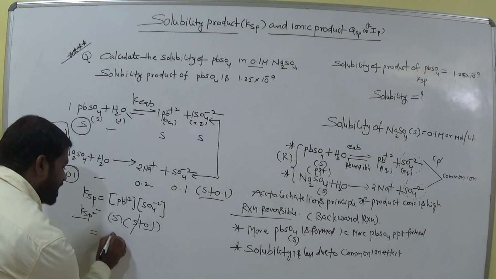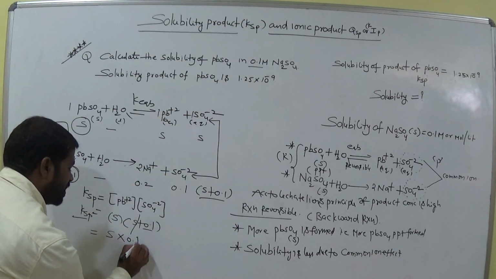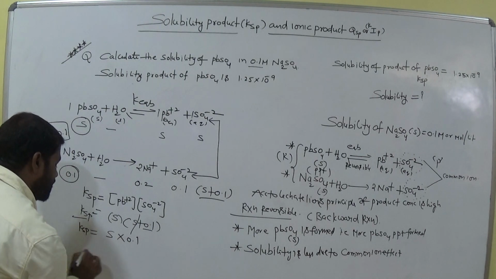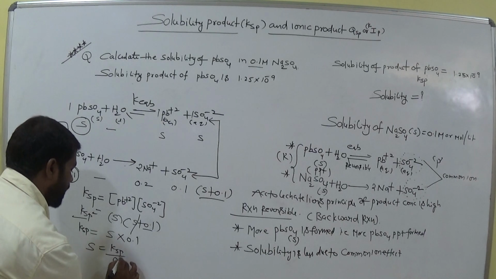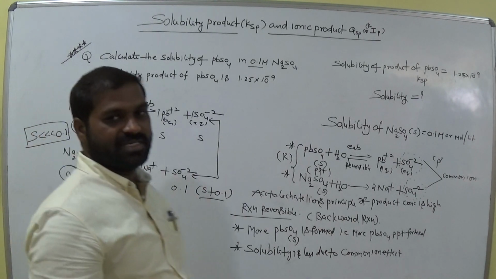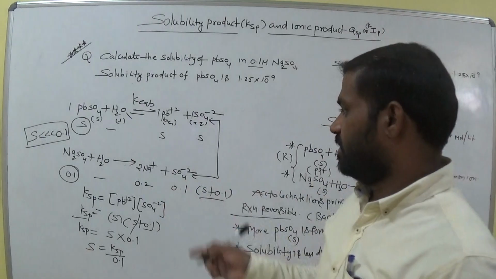Now what is it? S into 0.1, clear? This is KSP. From this one, S equals how much? KSP by 0.1, am I right? Write this one. Is it clear, all of you? Very, very important bit.